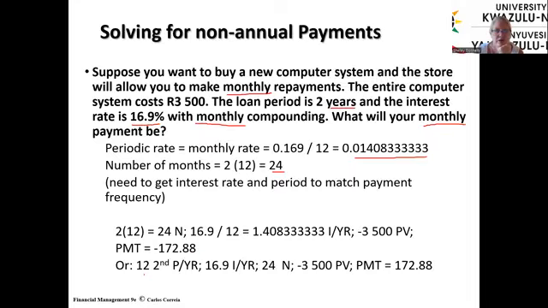Or you make your calculator divide the interest rate by 12 by entering 12 as your PYR setting. Then you put the annual rate, the 16.9, in as your IYR, 24 is your N, negative 3,500 as your PV, and solve for your payment. Same answer. Your preference, which way around you want to do it.